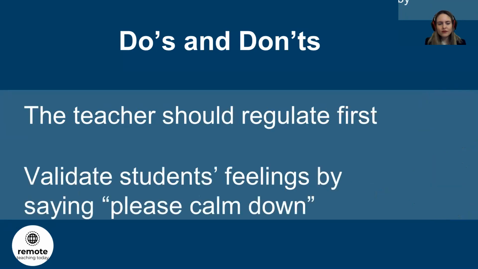Yeah. Next one. The teacher should regulate first. Remember that regulating is to be calm. And the second, validate students' feelings by saying, please calm down. What do you think about these ones? Are they do's? Are they don'ts?